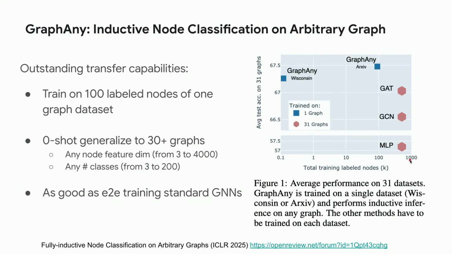And we can do it better than if we train standard GNNs from scratch on each of those datasets over and over again. So, zero-shot generalization to all of those datasets with very different numbers of feature dimensions, up to 4,000, and very different numbers of classes, from 3 to 200. The same model can do it better than if you would train a specific GNN on each of those datasets end to end.